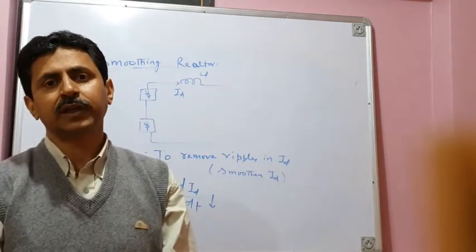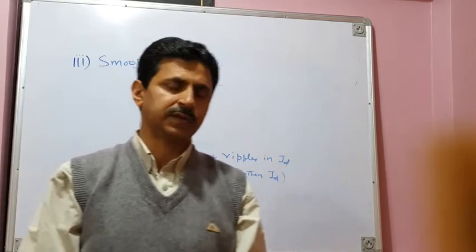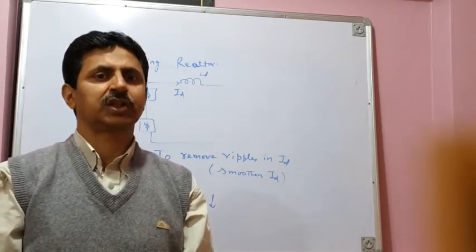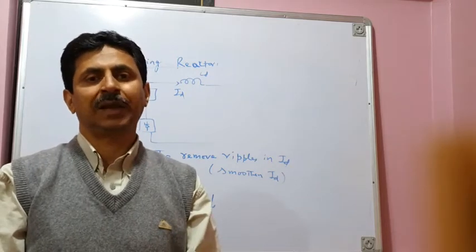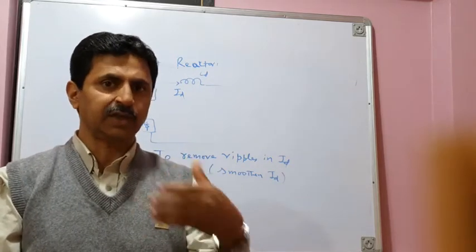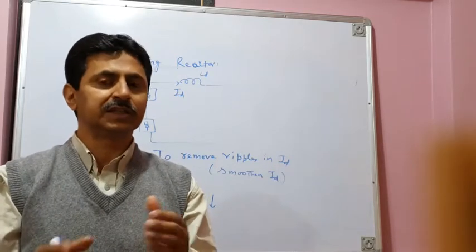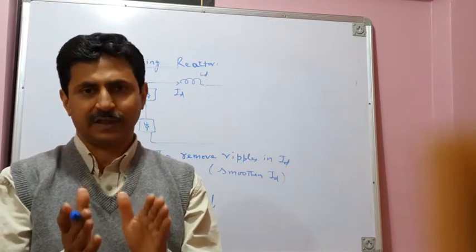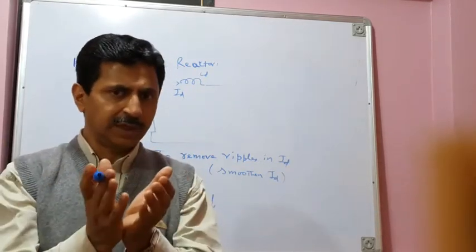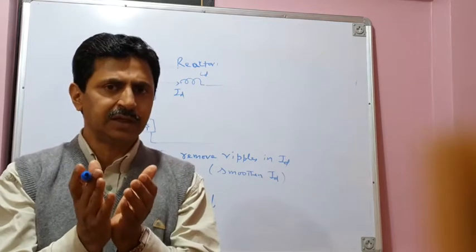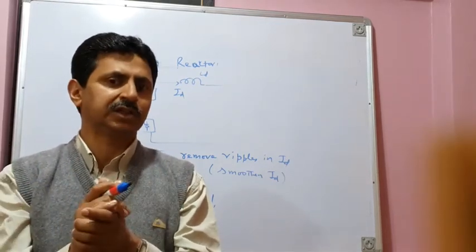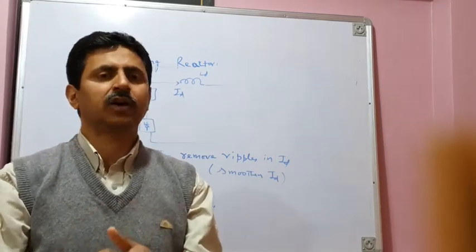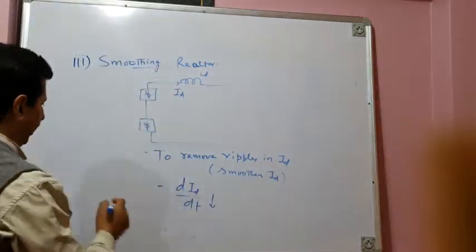Now, as far as its construction is concerned, the smoothing reactor is a totally or partially air cooled, magnetically shielded reactor. As far as its winding is concerned, it has disc type winding.